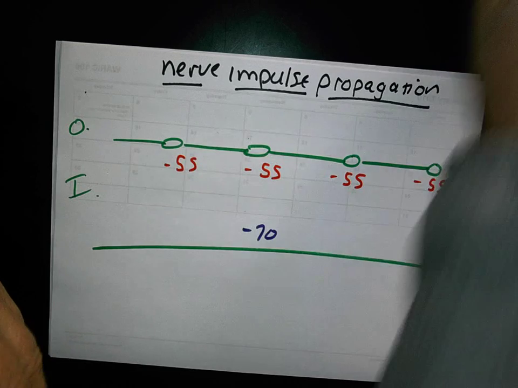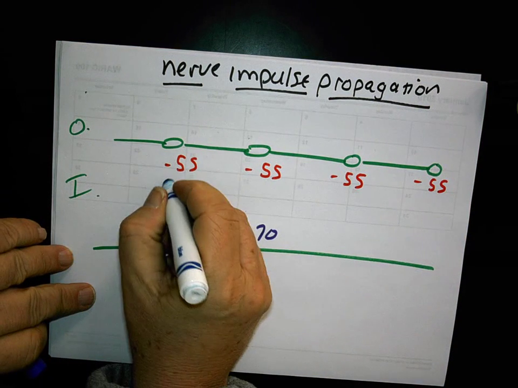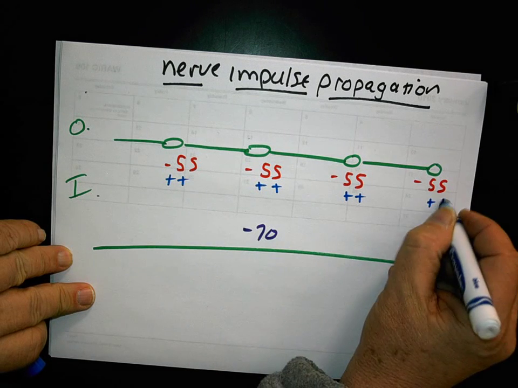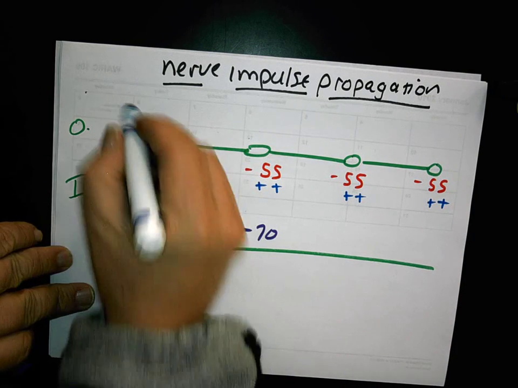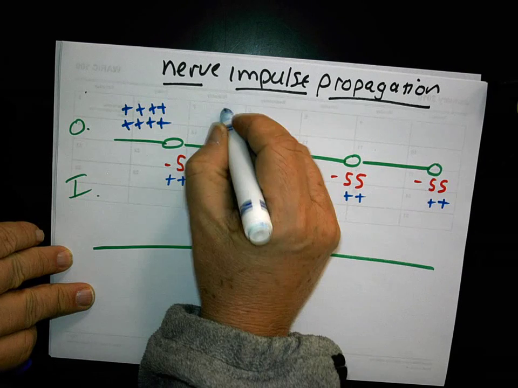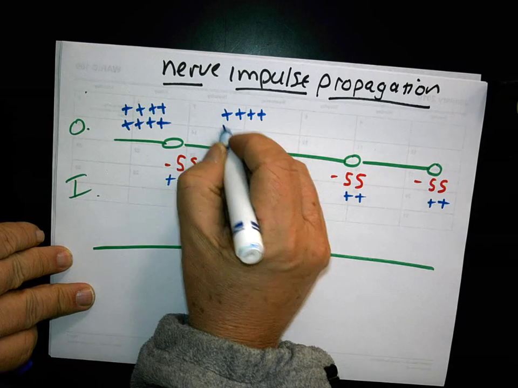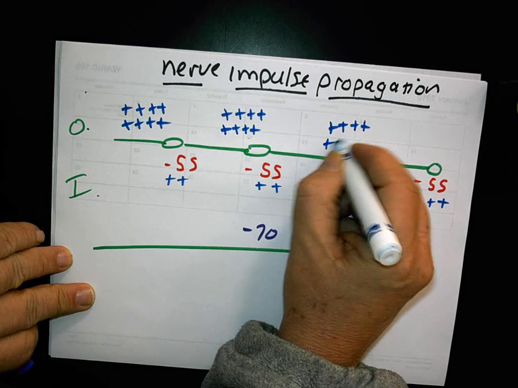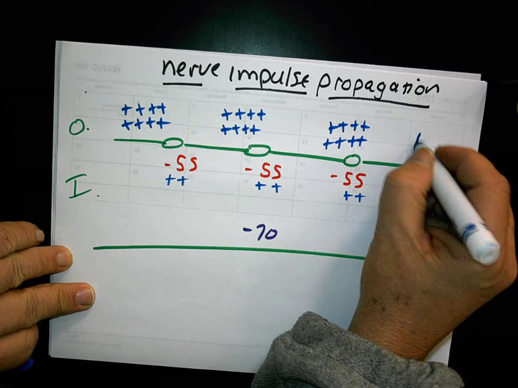And you have your positive charges here. Obviously, you have most of your positive charges out here. What is the extracellular electrolyte? Sodium.